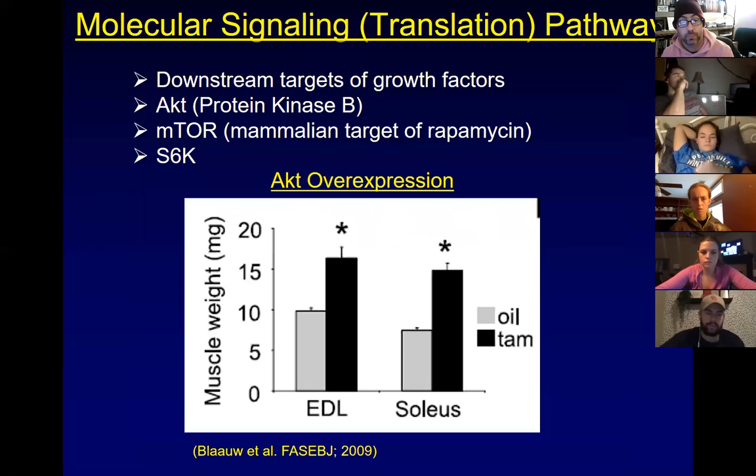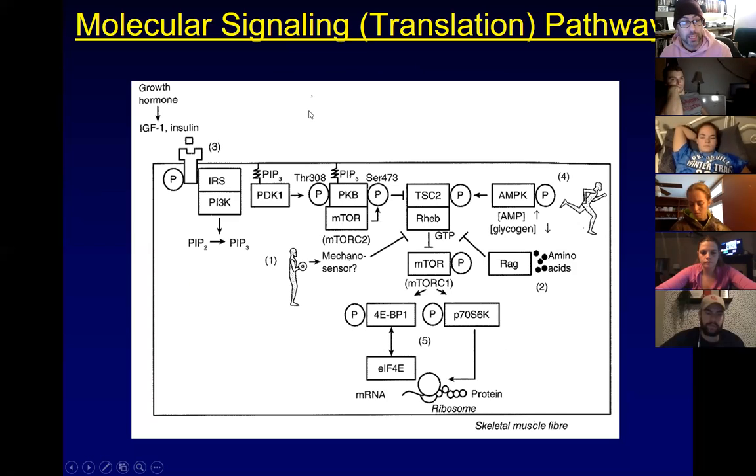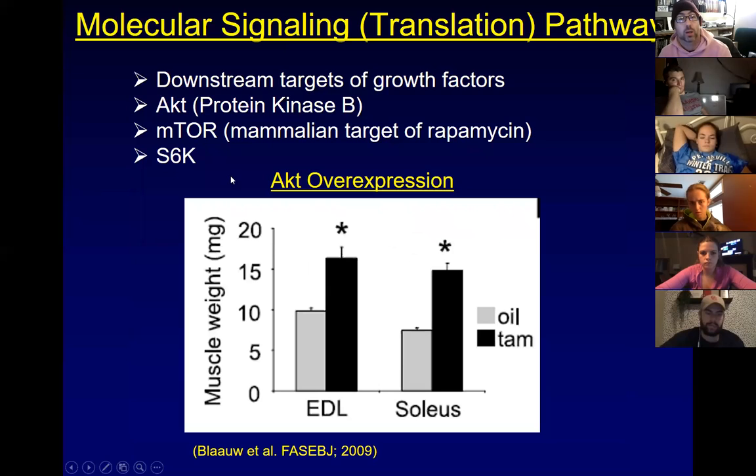Okay, so one of the things that we know is that there are a bunch of these downstream activators, and there's a thing called AKT, which stands for protein kinase B, which is this molecule right here that also seems to interact with mTOR. And so we know that these are downstream targets of growth hormone: AKT, mTOR, and then the P70 S6 kinase.